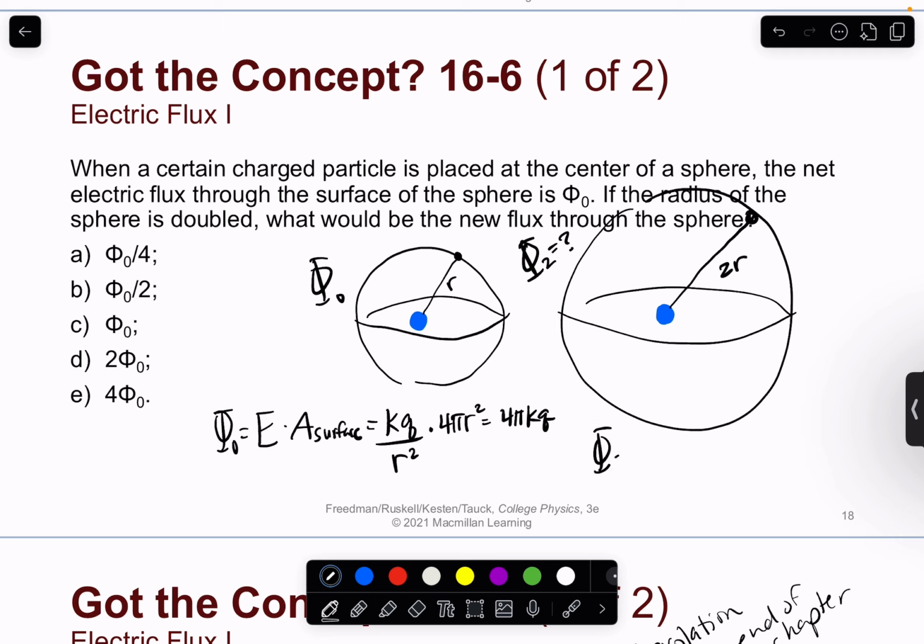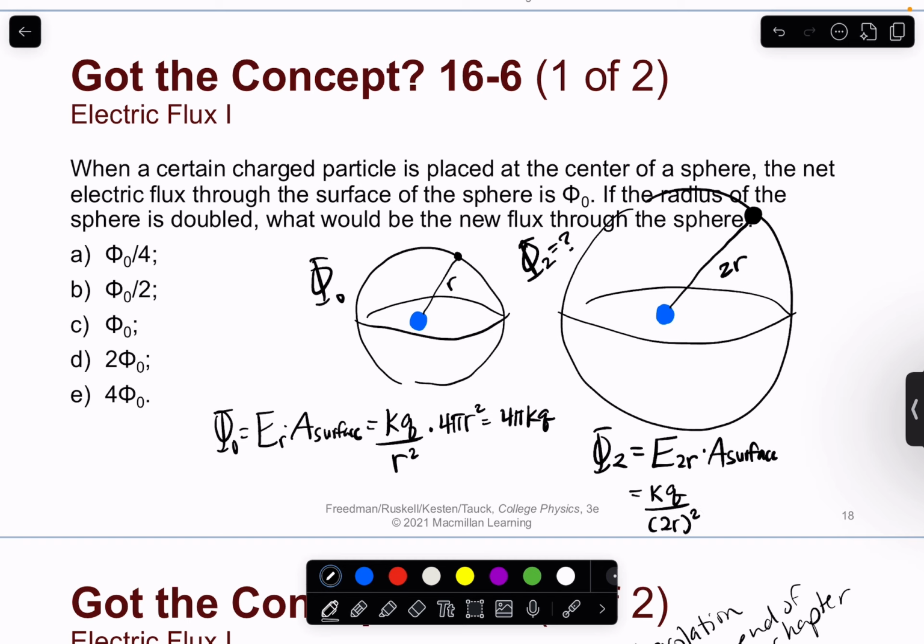So the flux over here is going to be the electric field at some distance 2R away. I can write that as E at 2R, where this was E at R, times the area of the surface. What is the electric field at a distance 2r away from a point charge? It's kq over 2r squared.